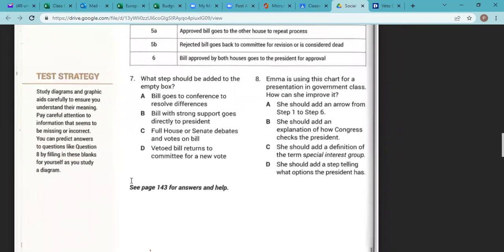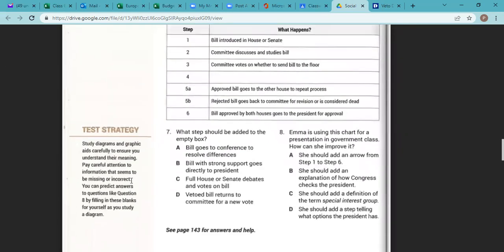Number 7, what step should be added to the empty box? So that's where we're going for. Step number 4, what should be put in that place? All right. Is it going to be A, the bill goes to Congress to resolve differences? B, bill with strong support goes directly to the president?